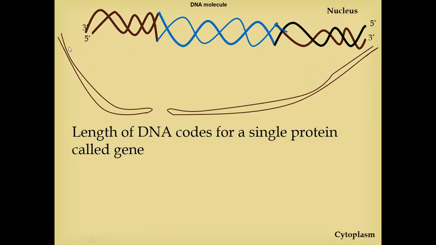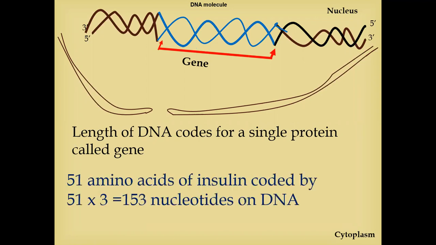A specific length of the DNA which can code for a single protein is called a gene. So it means that the gene is a specific length present on the DNA surface. For example, human insulin contains 51 amino acids.